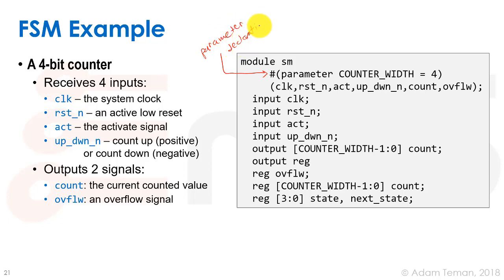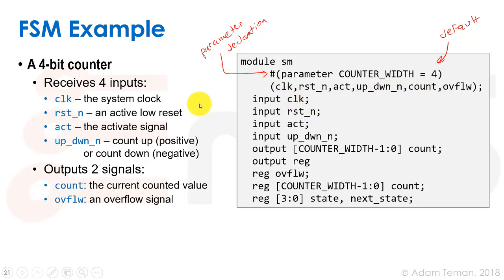What we're going to do here is declare a parameter called counter width, and we're going to say its default value is 4. However, we can see afterwards in our test bench, when we instantiate this module, we can override this default value. But right now, we're going to write our code as parameterizable as possible, so we can make this work for different counter sizes. By default, we'll start with a 4-bit counter.